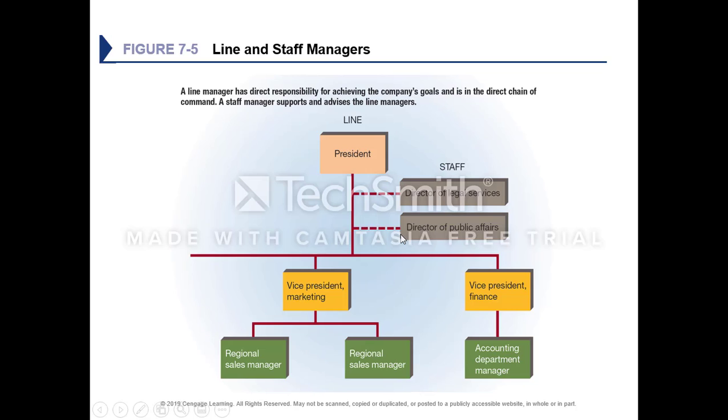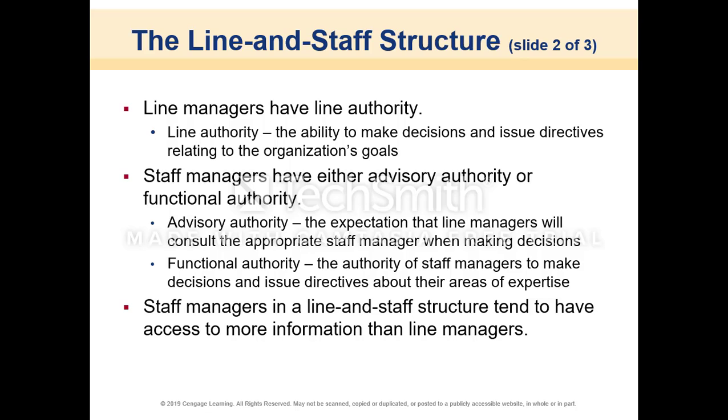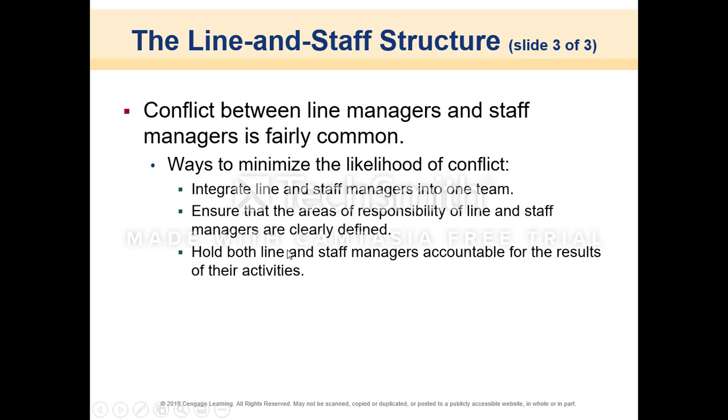And here is a visual showing what line and staff managers' organizational structure would look like. Line managers have the authority, but staff managers are the advisors. The line and staff structure can be a breeding ground for conflict, though.